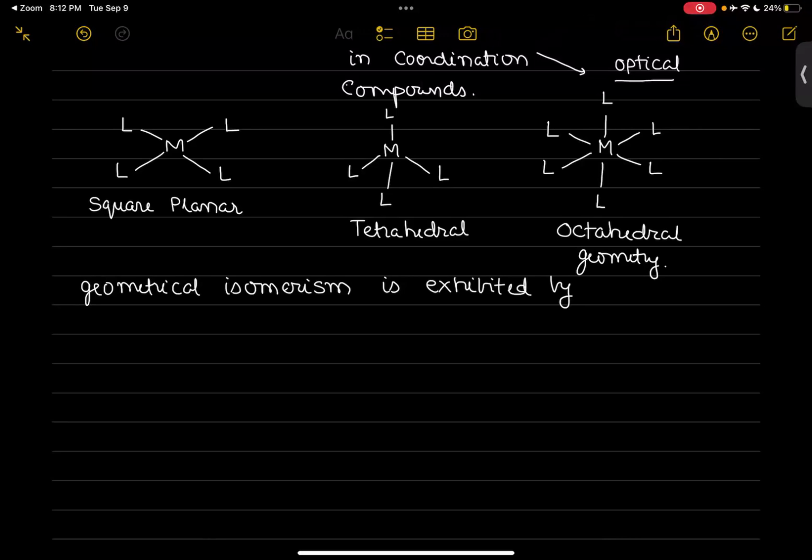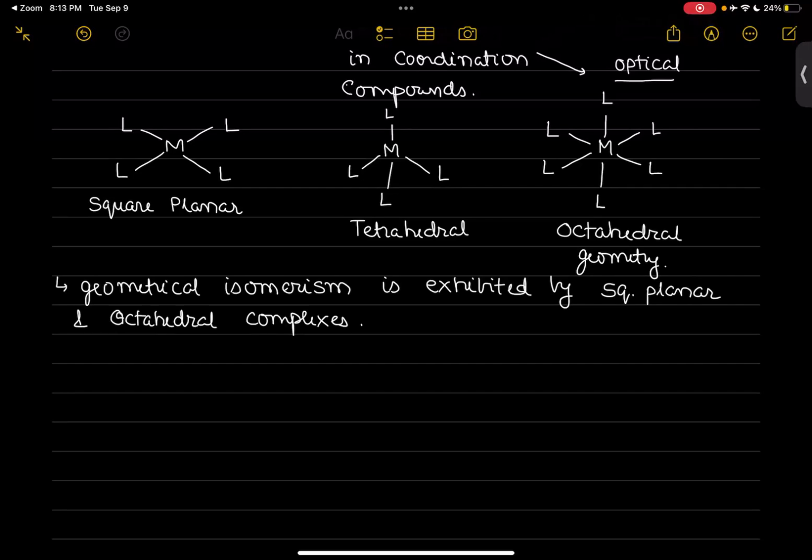But I'm talking about the geometry. Which geometry is capable of showing geometrical isomers? We have the three most common geometries: square planar, tetrahedral, and octahedral. So geometrical isomerism is exhibited by square planar complexes and octahedral complexes. Is it clear? It is not exhibited by tetrahedral.